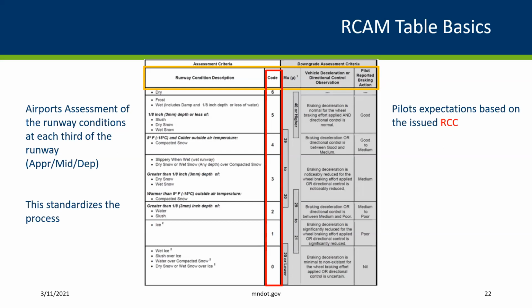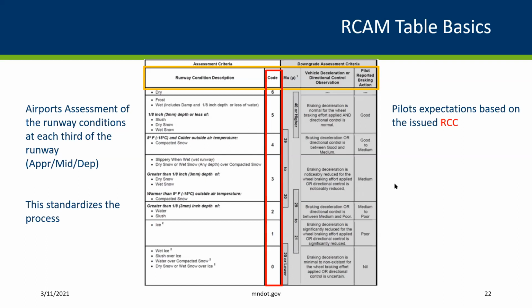But then what that gives is, for instance, say the approach end of your runway had a lot of landings and you've got a lot of rubber buildup. And so when it rains, it's considered slippery when wet. If we look in the middle here, we see that slippery when wet actually gets an RCC code of 3.